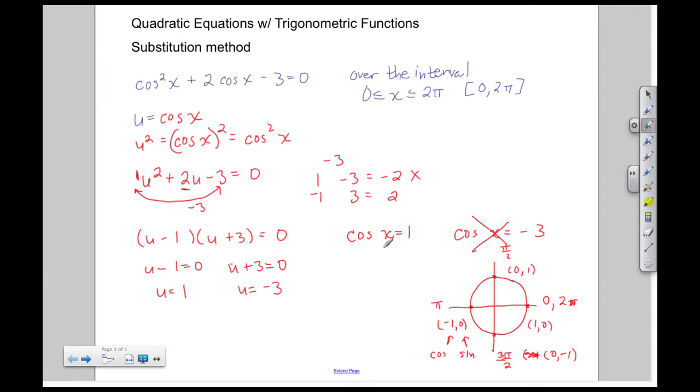So in this particular problem, it says that the cosine of x is equal to 1. So I need to find the cosine values, or the x values, on my unit circle that come out to be 1. If we start here, we see that I have an x value of 1. So that means 0 and 2 pi are two possible solutions.